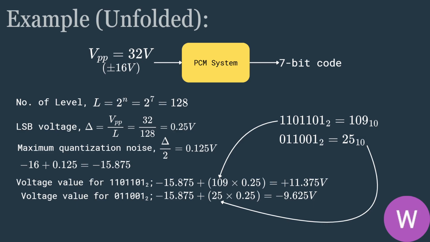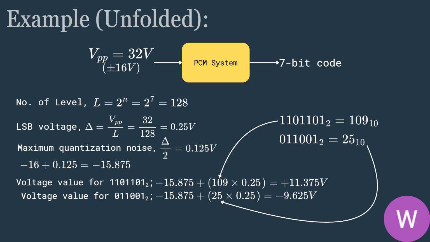After we calculate, the quantization interval is 0.25 volt. Then we calculate the maximum quantization noise or quantization error, which is the quantization interval over 2. So it's 0.25 over 2, which is 0.125 volt.